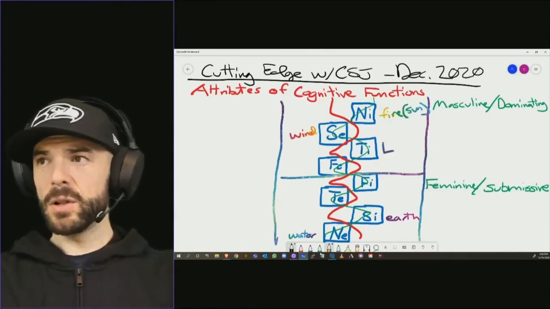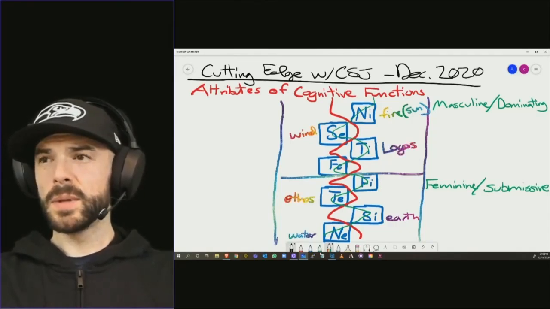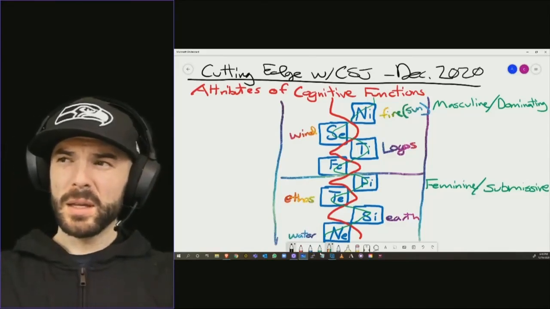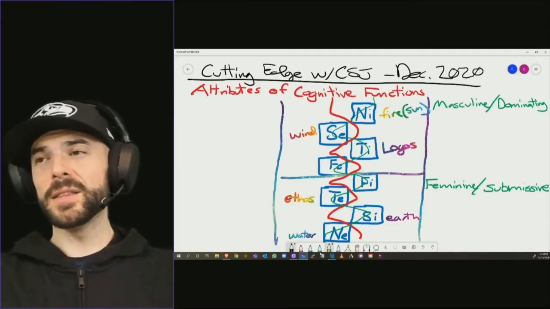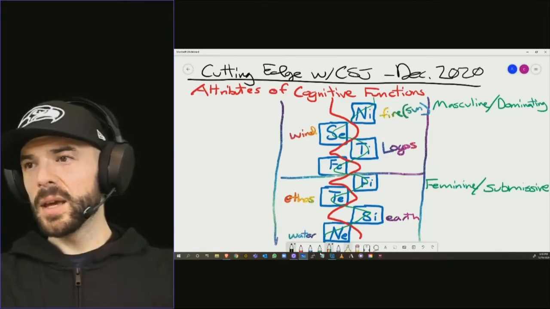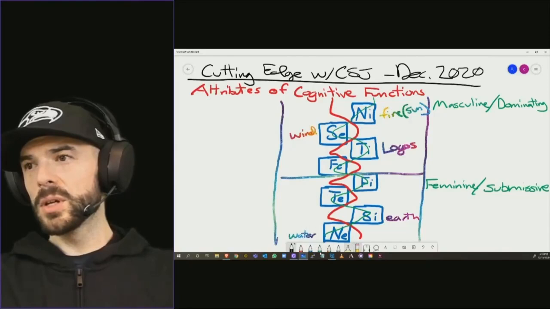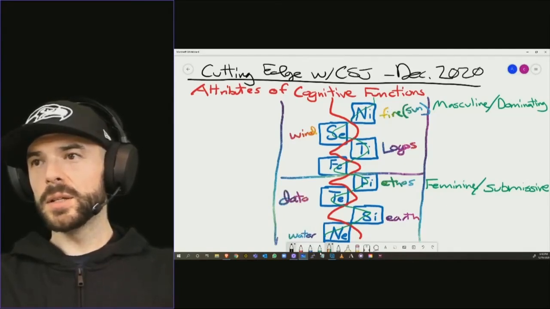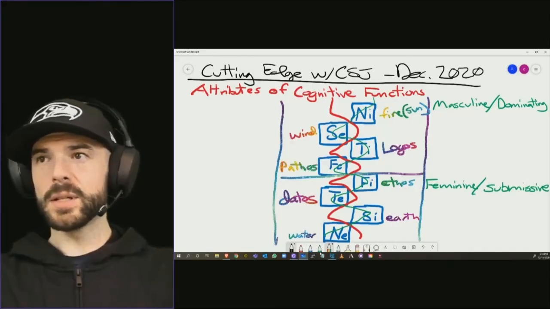And then you have logos, you have ethos, and then you have, although ethos, I could argue TE or FI is ethos, realistically. If I remember correctly though, ethos is actually more principle focused, so ethos is more FI. And the TE one is this one, datos or data, and then pathos is right here.